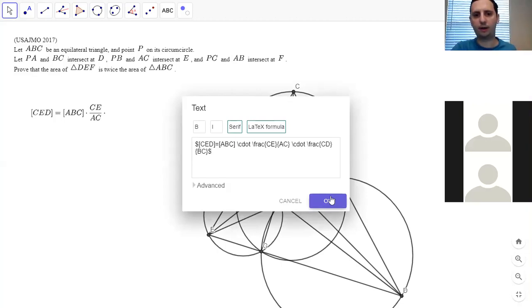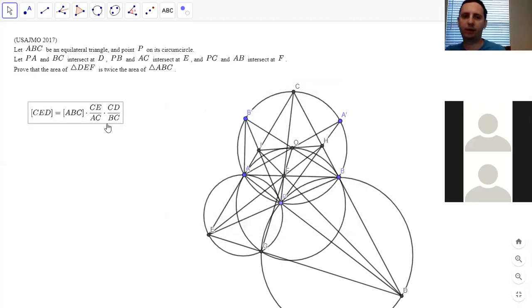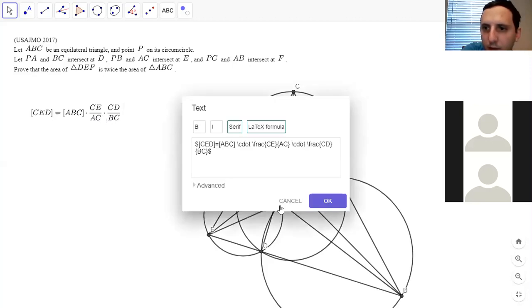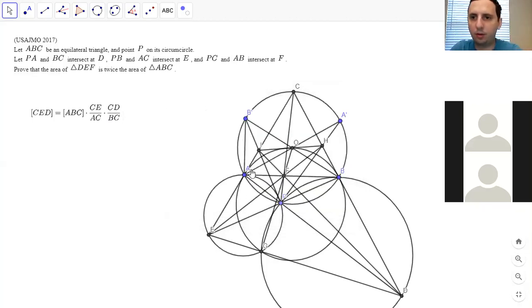So we know that. And obviously AC and BC are both equal to a side of the triangle, so maybe I could just call that S. But maybe it's better to write this as, because CE over AC is 1 plus AE over AC.